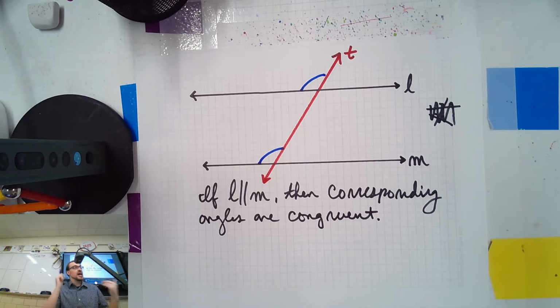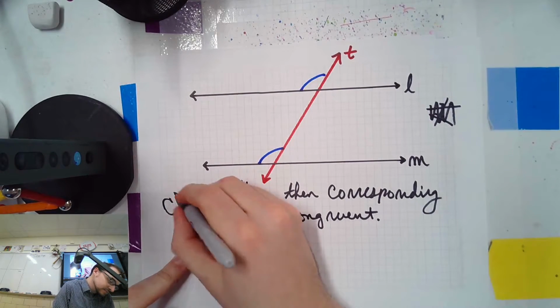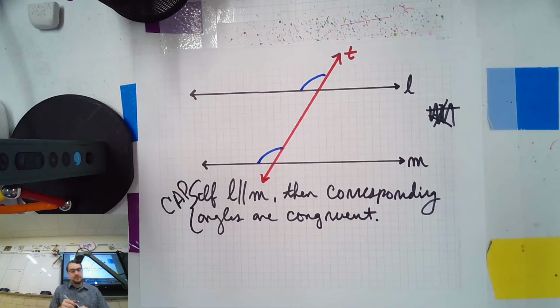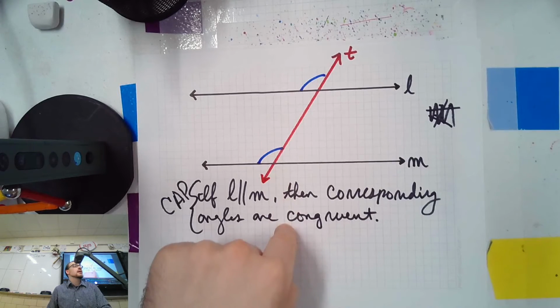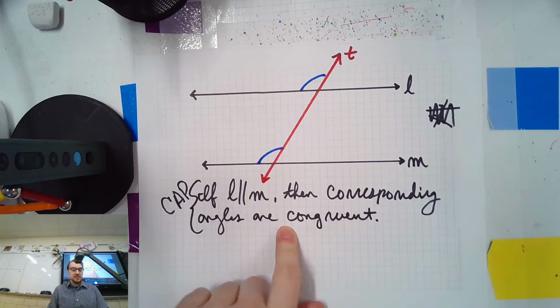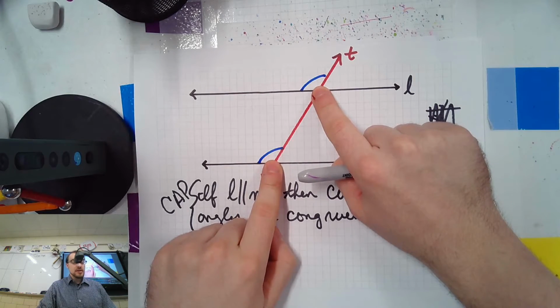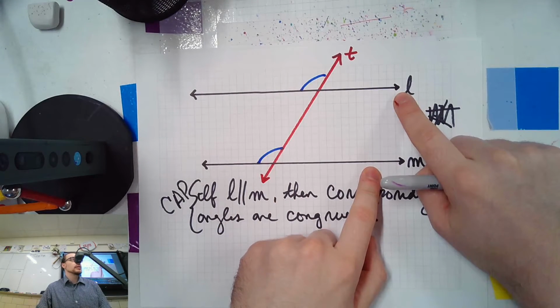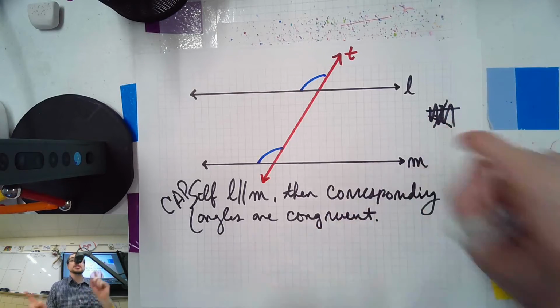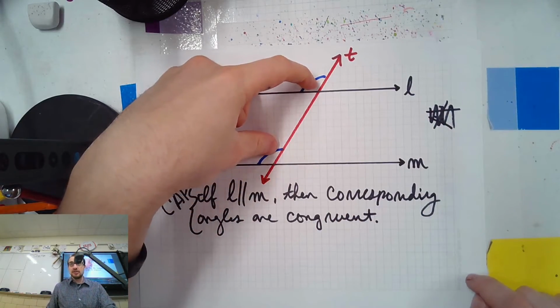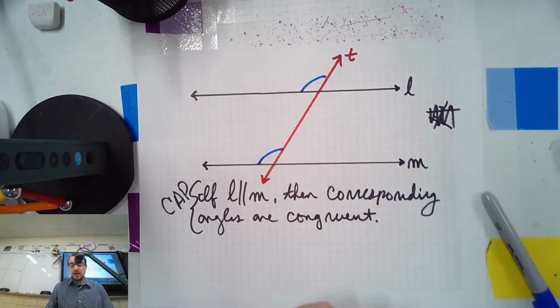Now the question is, does the converse of this postulate work? Is this going to be true in reverse, meaning that if we have these, then we can say these are parallel? The truth is, yes, it does go both ways. If those angles are the same, then these two lines are parallel.